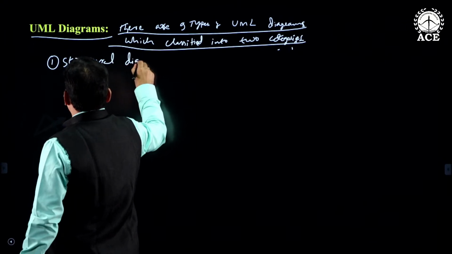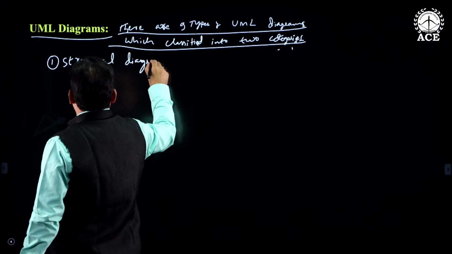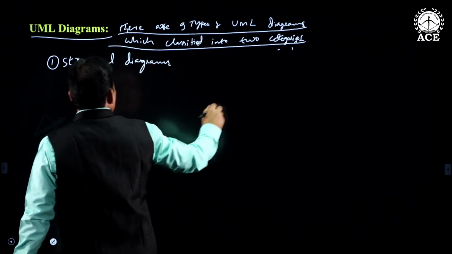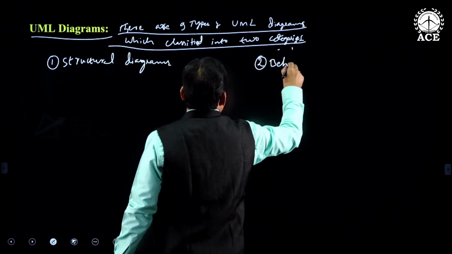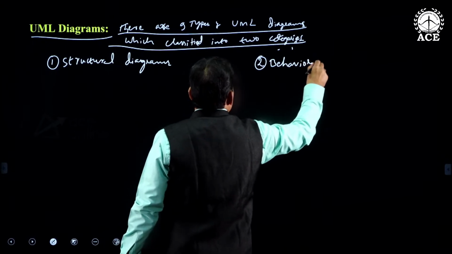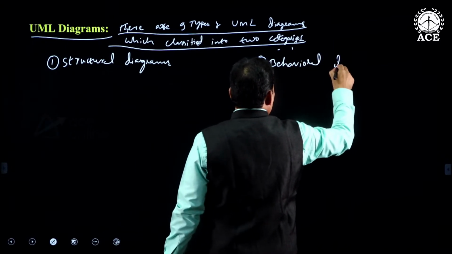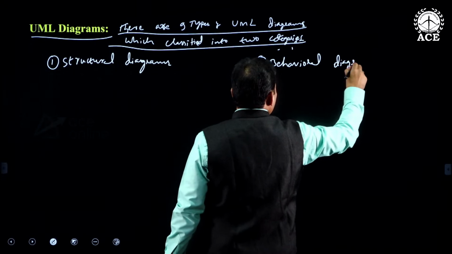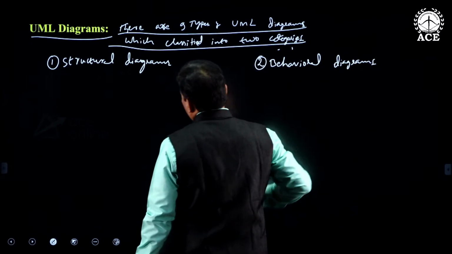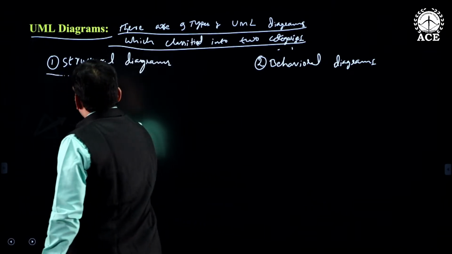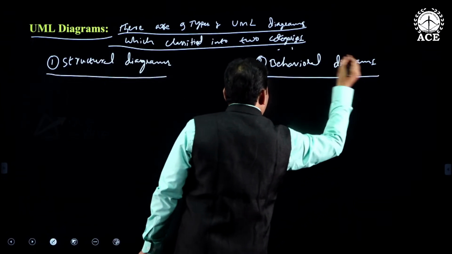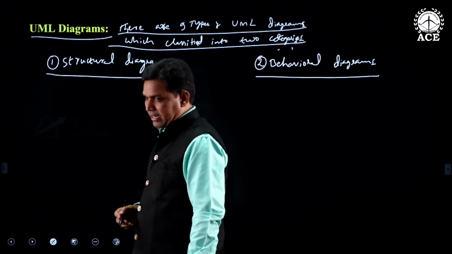The second is behavioral diagrams. What are the diagrams that come under structural diagrams, and what are the diagrams that come under behavioral diagrams?